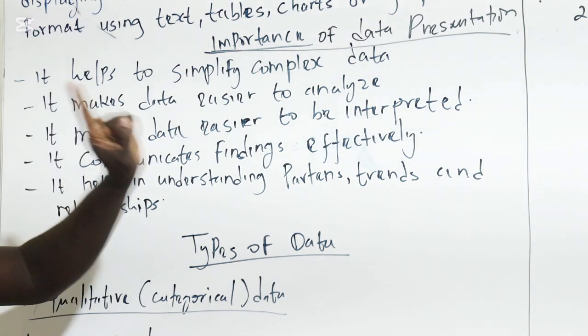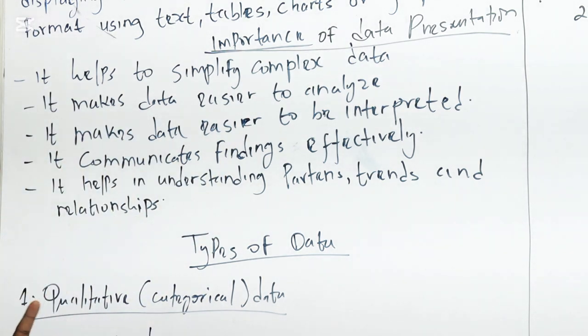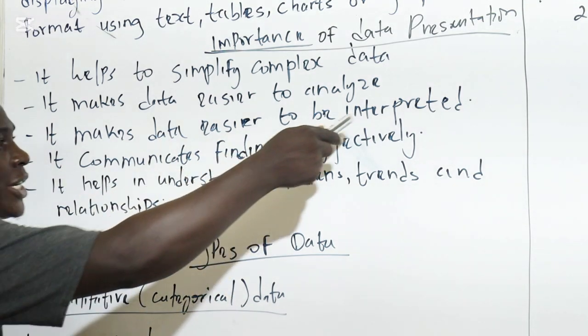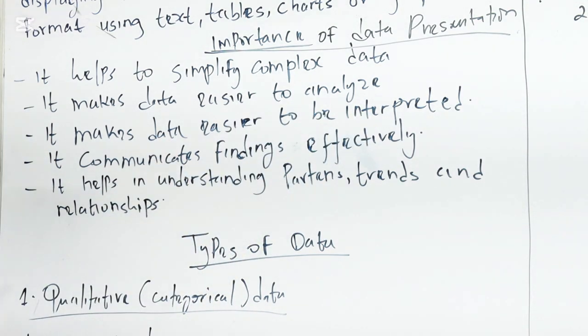Actually, it is collection, organization, analysis, presentation, then interpretation. After interpretation is when you get the findings, inferences, or conclusions. So the presented data communicates the findings effectively, meaning your conclusion or inference will not have faults.